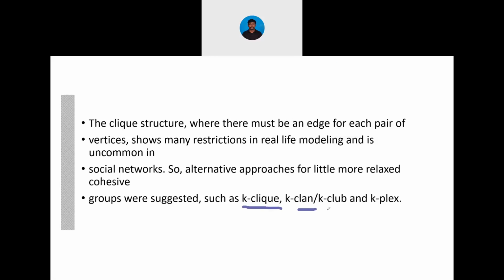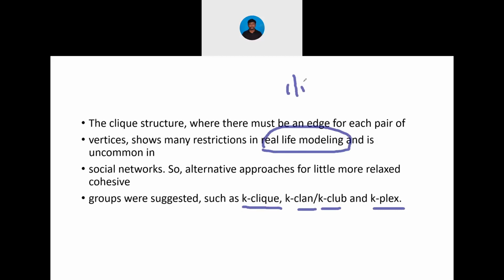Those approaches are called k-clique, k-clan, k-club and k-plex, right? Why have we been going for k-clique, k-clan, k-club and k-plex? Simply because we couldn't model real life social networking with the help of a clique.